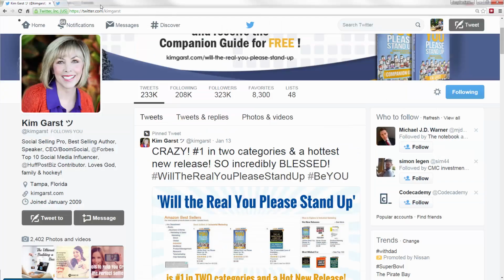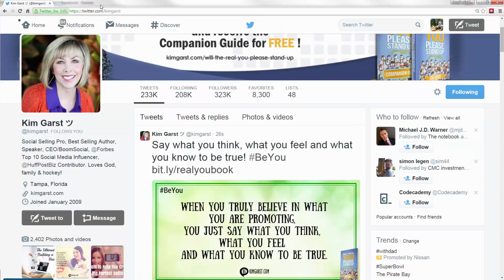So I hope this makes it clear how you pick the target of using this strategy. Picking the target is the single most important choice you make in running this strategy. And you can just do it based on the data. For example, if you try following Kim Garst's followers and they don't follow you back, then try following mine, try following someone else's followers.